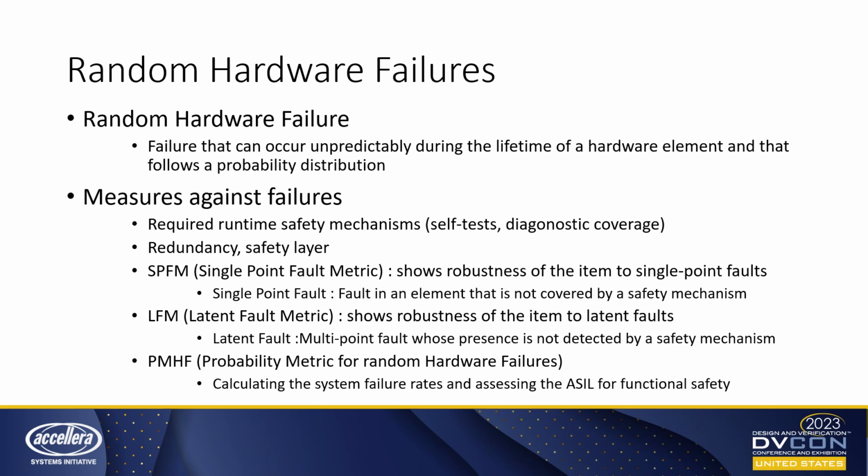Random hardware failures are unpredictable during each lifetime, so it means that we cannot detect them in our development process, and when we use this device for 5 years or 10 years, its characteristics can change due to external stimulus or something else.